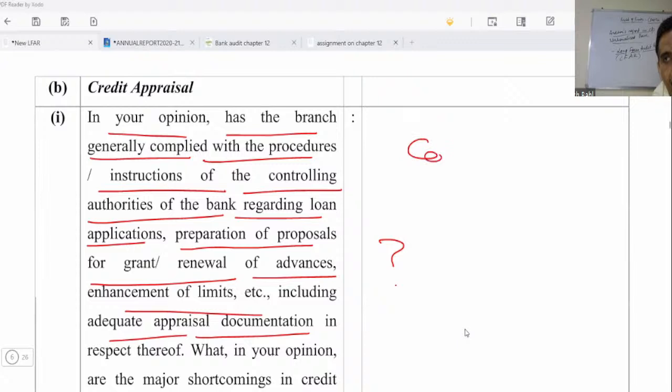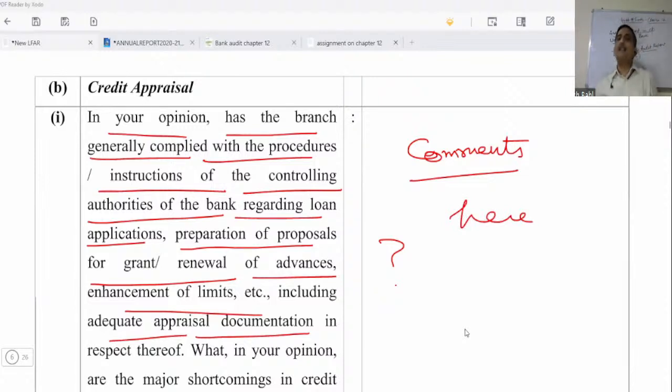So auditor has to give his comments here. Although in many banks these days, the filling of LFAR is also online on an application software. Okay.